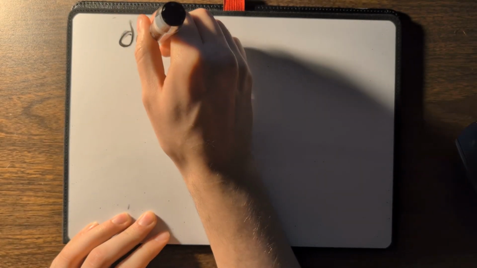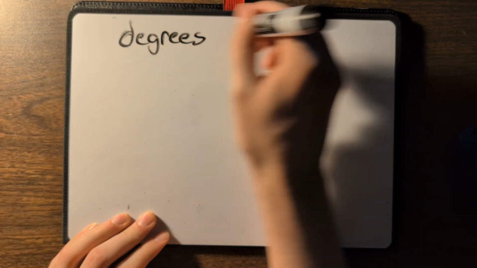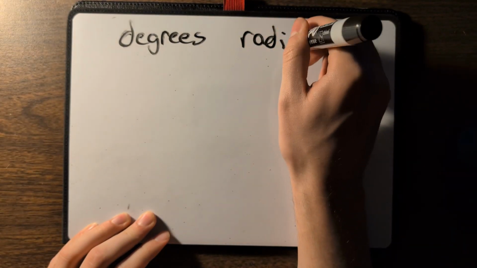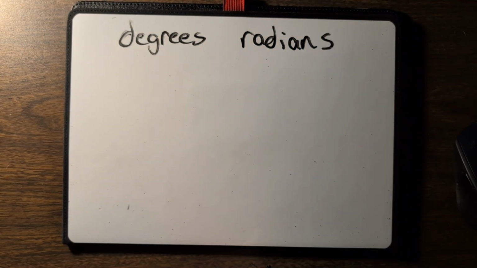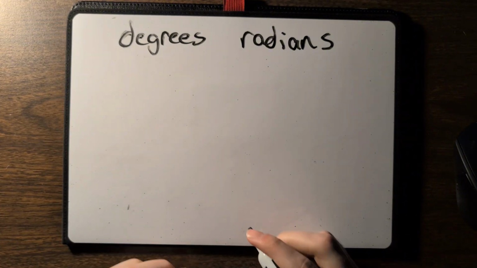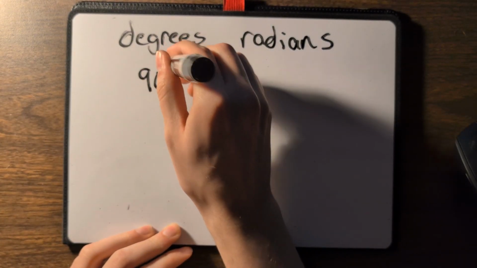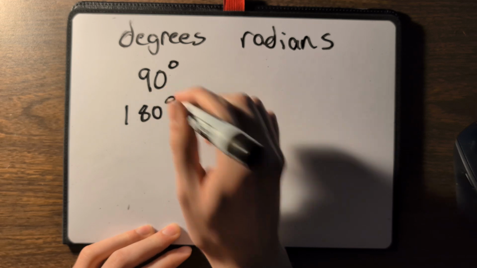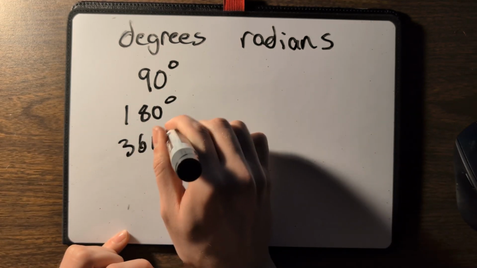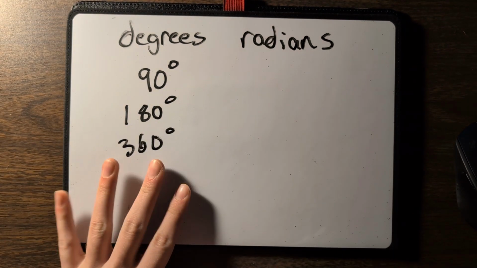While on the topic of angles, we have two different kinds of measurements of angles. We have degrees and radians. Now, degrees are self-explanatory. We have, say, 90 degrees, 180 degrees, or 360 degrees, right? These are all very common angles.